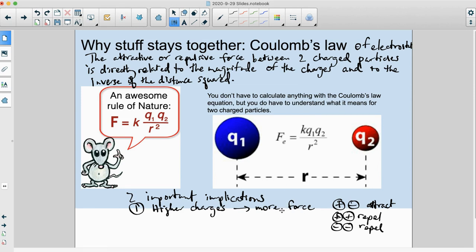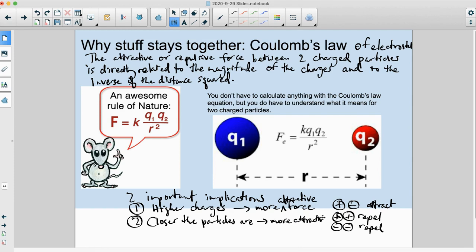Now for bonding, right, we're mostly looking at attractive force. Okay, second implication is the closer the particles are, the more attractive force.